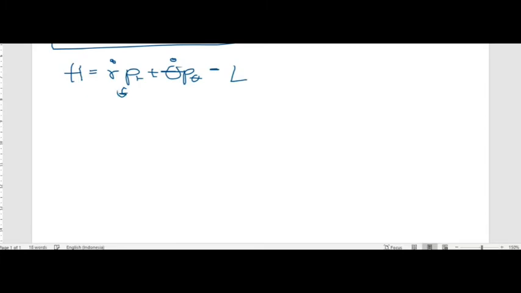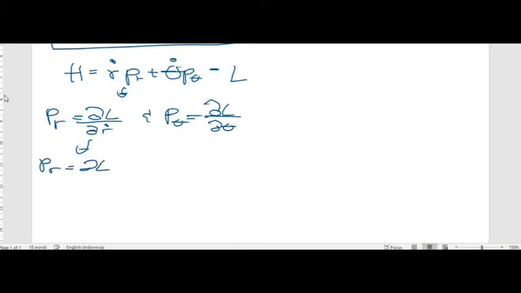The expression for our polar coordinate of the particle momentum is P subscript r equals partial L over partial r dot, meanwhile P subscript theta equals partial L over partial theta dot. So in order to get that, let's get this first. So P r, partial derivative of the Lagrangian with respect to r dot.